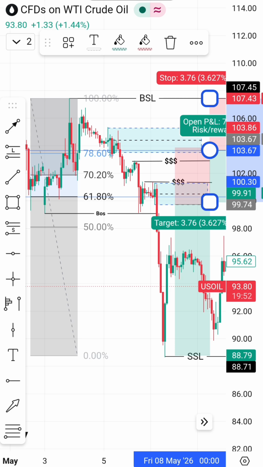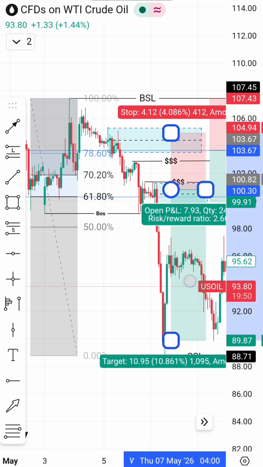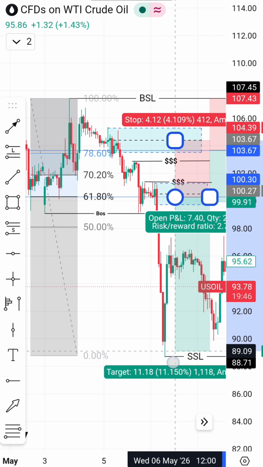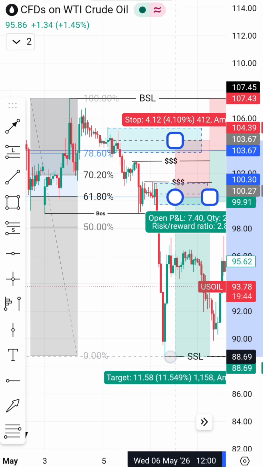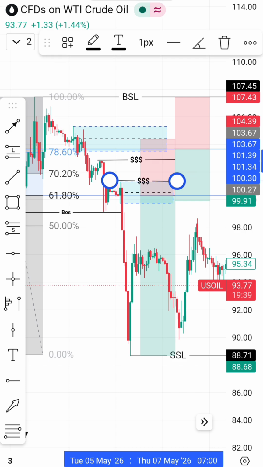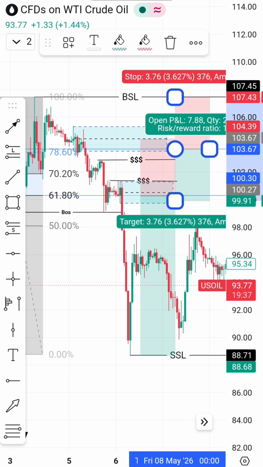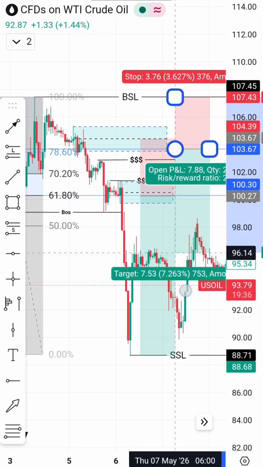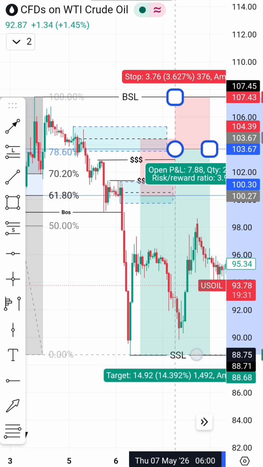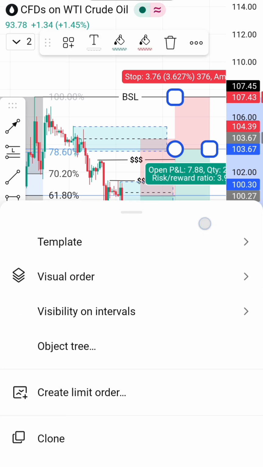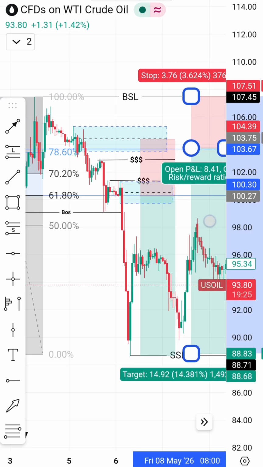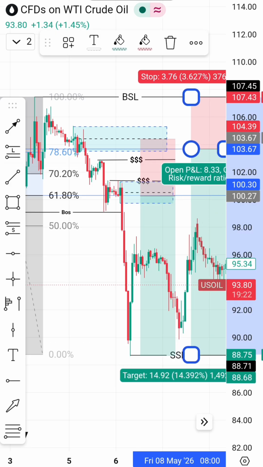Let's put this to 61 and target the sell side liquidity. Okay, let's see what happens. And remember this one, also target sell side liquidity. Let's separate them, like that. Okay, so let's see what happens.